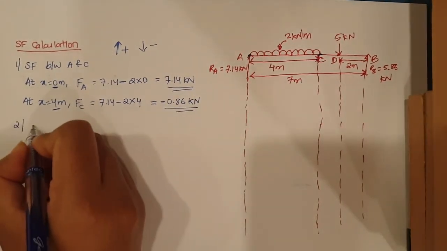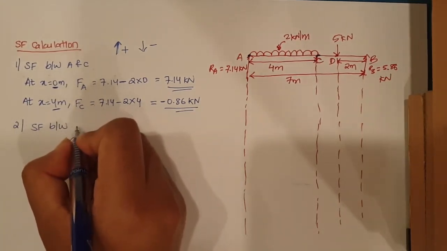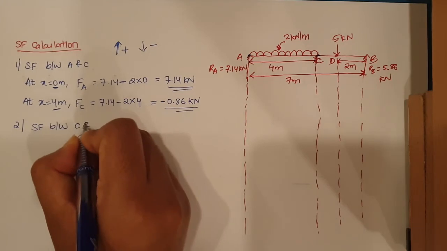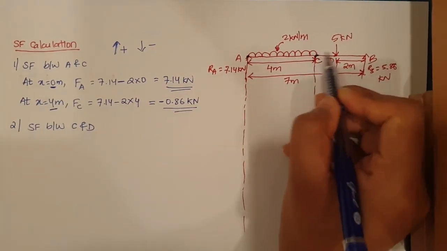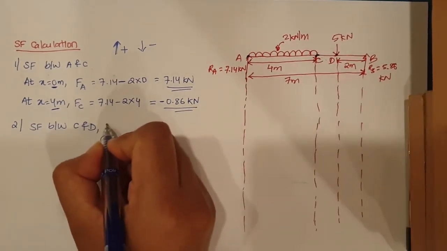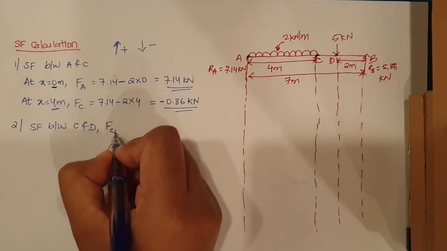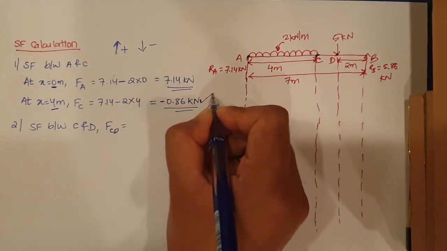Now the shear force between C and D. In between this point C and D, there are no forces acting, so the shear force between C and D will be the last force. How much did we get?